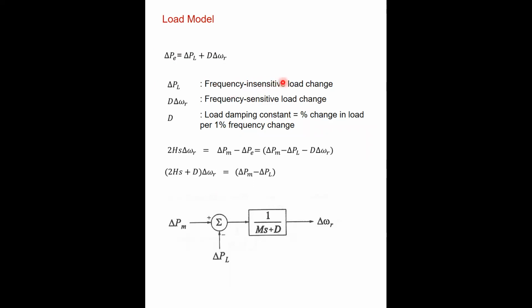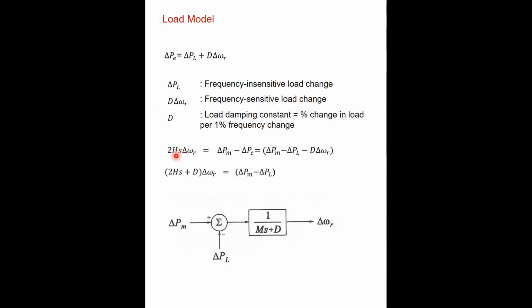Since they are basically static loads, they are frequency insensitive. But those like induction motor load are dynamic loads, and thus they have the load damping constant introduced. So they are referred to as frequency sensitive load. And this is what we said earlier about the load damping constant: the percentage change in the load to the percentage change in the frequency.